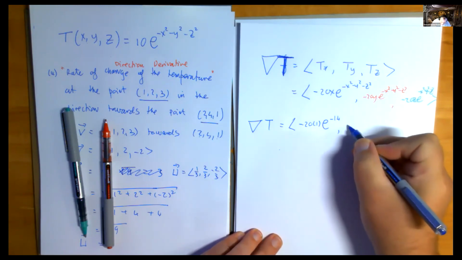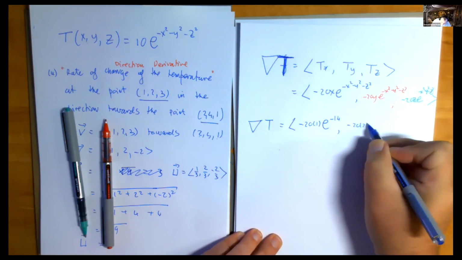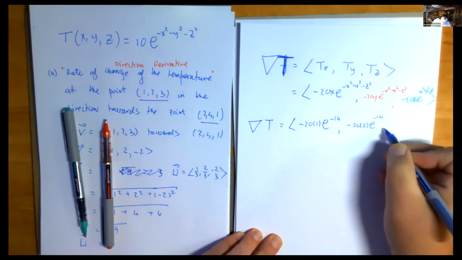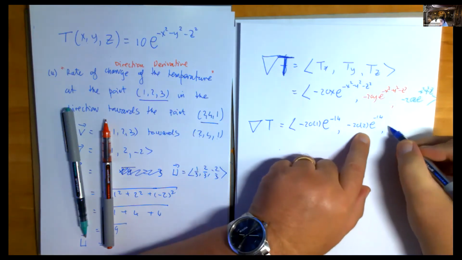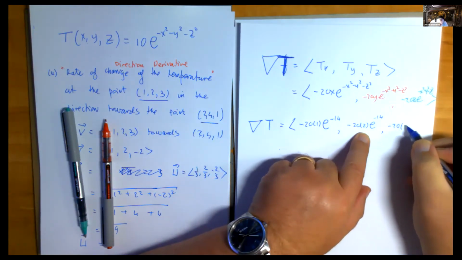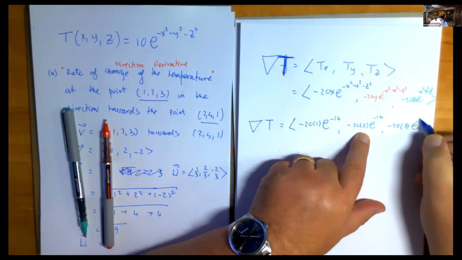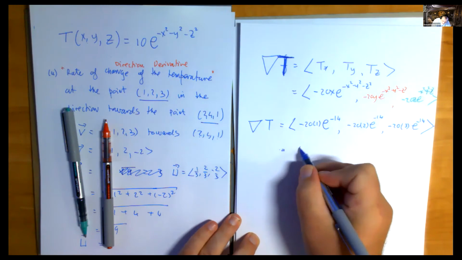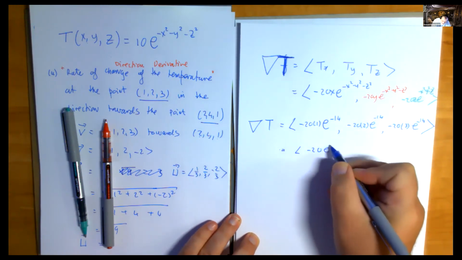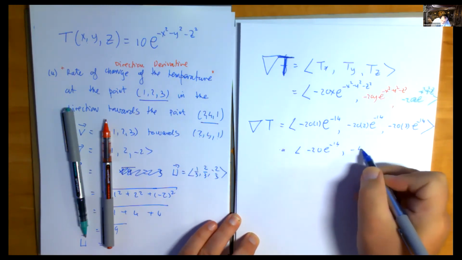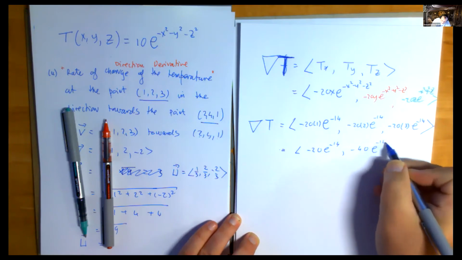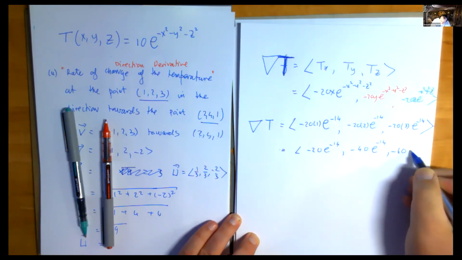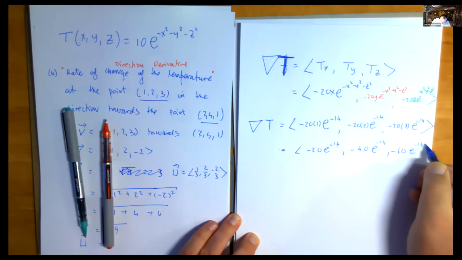The next one is negative 20 times 2 e to the negative 14. And the third one is going to be negative 20 times 3 e to the negative 14. So what do we get? We get negative 20 e to the negative 14, negative 40 e to the negative 14, and finally negative 60 e to the negative 14.